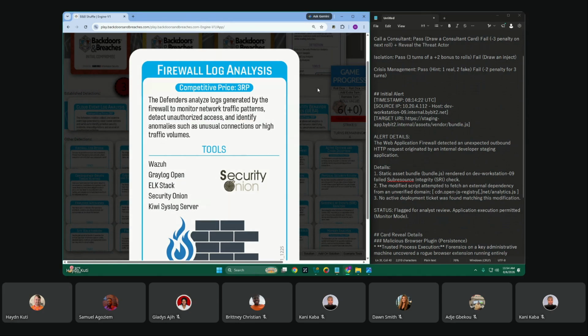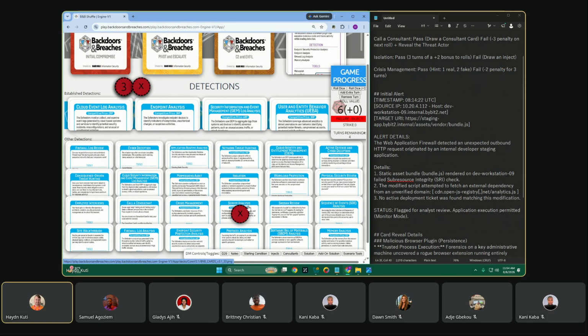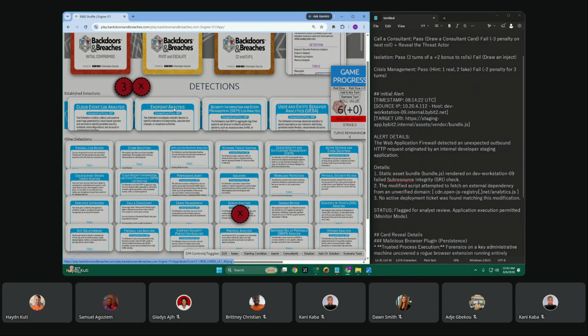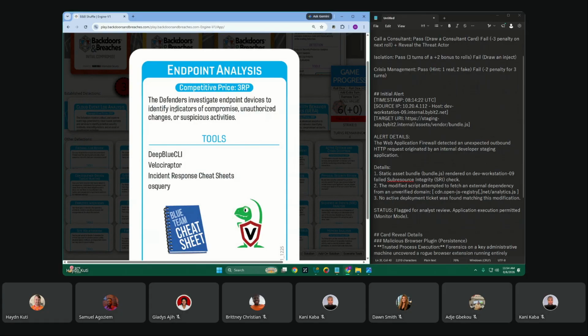And the only one that we know anything about is we know server analysis is not going to find anything. Connie is currently saying we should try endpoint analysis. So I think either endpoint or firewall is going to be our best bet.